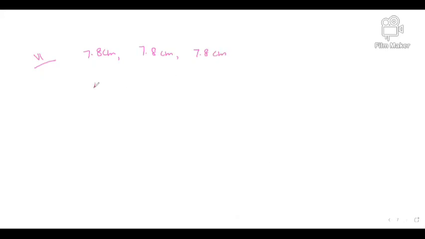We can see all the three given sides are equal. Therefore, this is equilateral triangle.